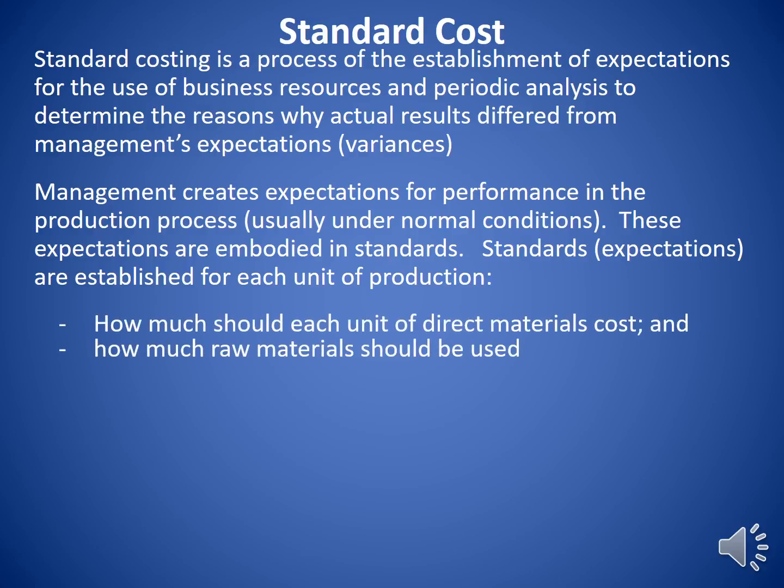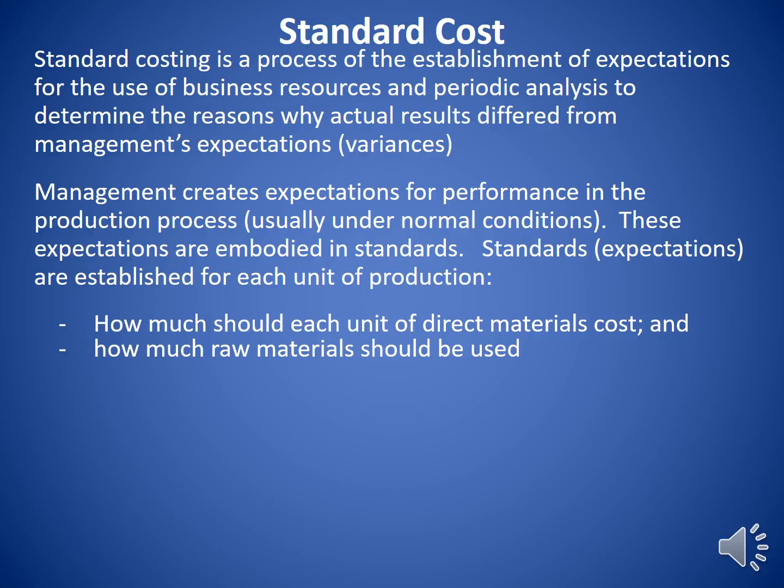Now, the standards are going to help tell us how much should each unit of direct materials, in effect raw materials, cost. We're going to have to purchase raw materials to make our unit. Therefore, we have to determine how much those materials are going to cost up front.